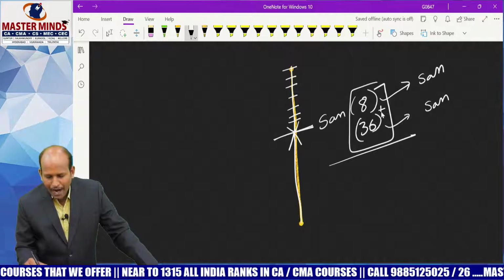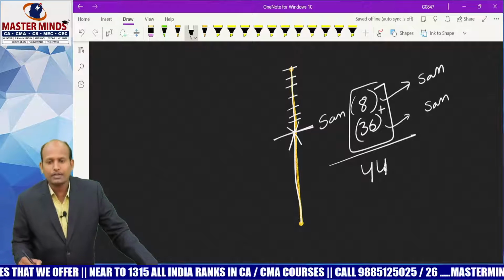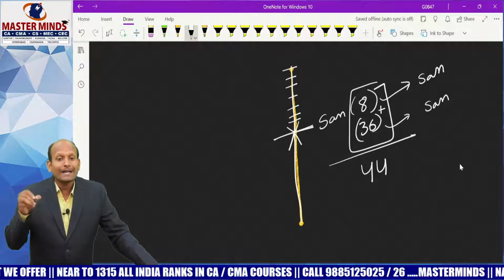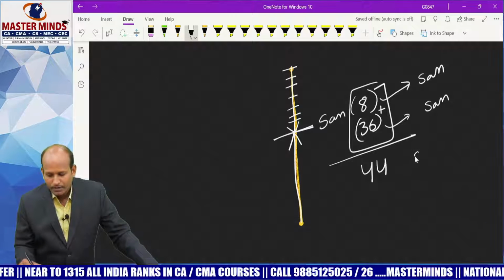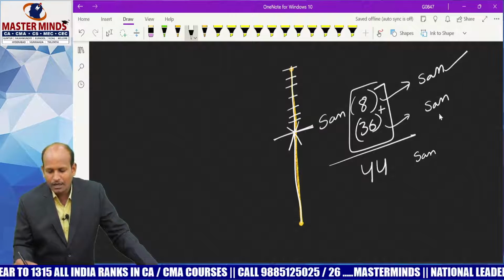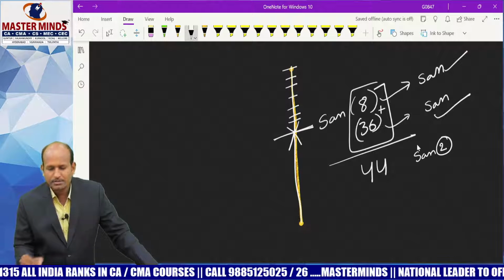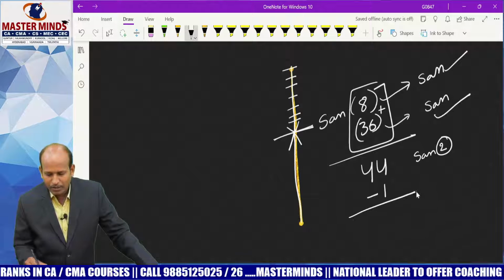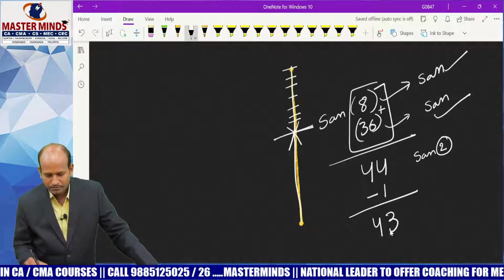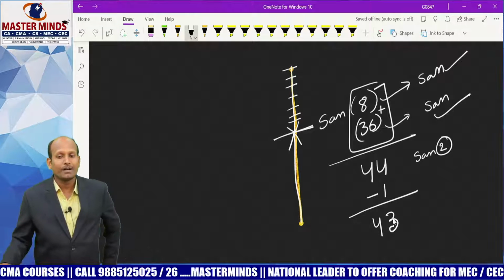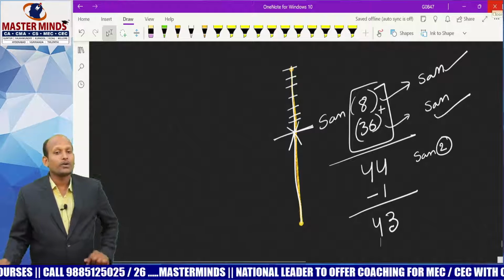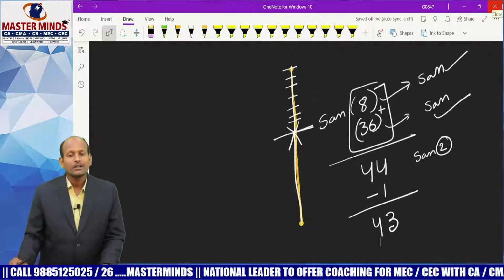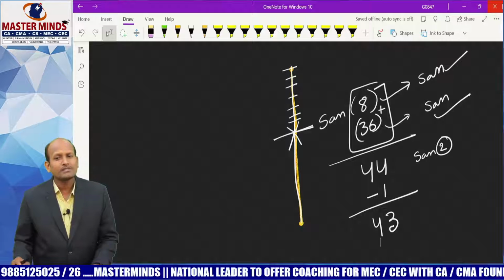If you add 8 plus 36, you get 44, but in that 44 you have Sangeeta 2 times. We require only 1 time, so remove that extra 1, then the original total strength is 43. So why are we subtracting 1, sir?